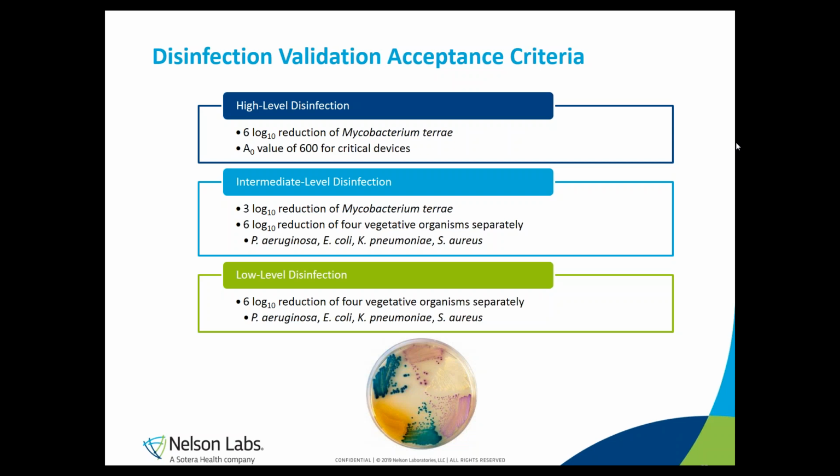For an intermediate level disinfection validation, there is an additional requirement: a 3-log10 reduction of mycobacterium needs to be achieved to demonstrate a reduced risk of tuberculosis. A high-level disinfection validation is successful if a 6-log10 reduction of mycobacterium is demonstrated together with an A0 value of 600 for critical devices.